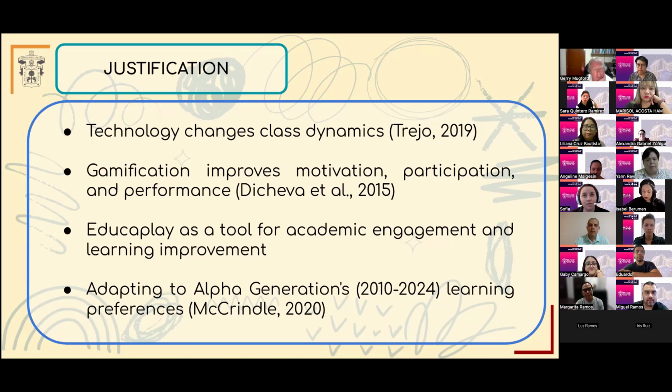They become comfortable with digital interfaces from a very early age and often learn best through gamified experiences. So this highlights the need to adapt teaching methods to match the preferences and expectations of this Alpha generation.